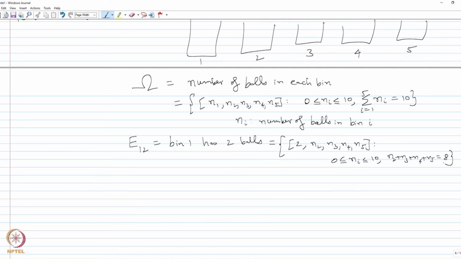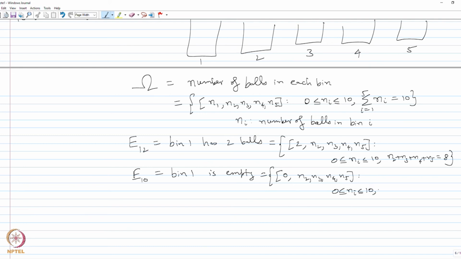In fact, some events which are interesting is E10, which is what? Bin 1 is empty. Okay, so bin 1 is empty is again has basically 0, n2, n3, n4, n5. Again, you can't do much more about this, right?